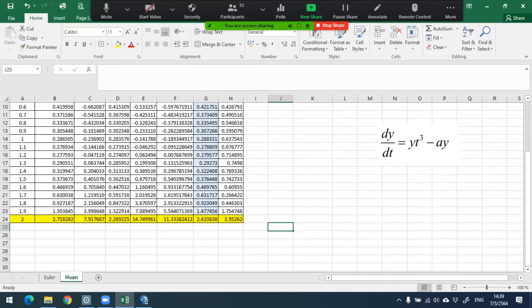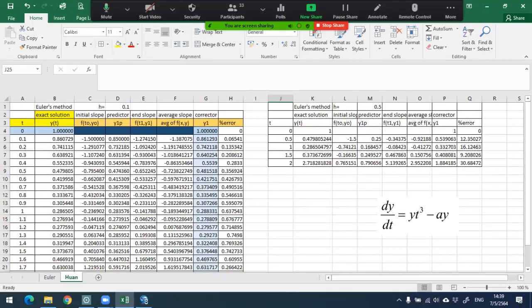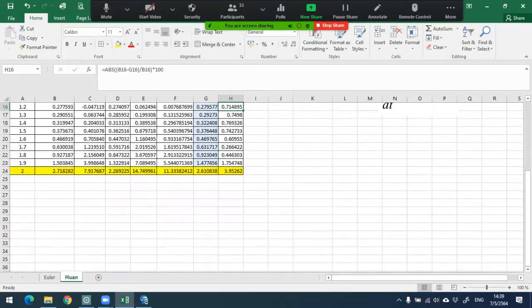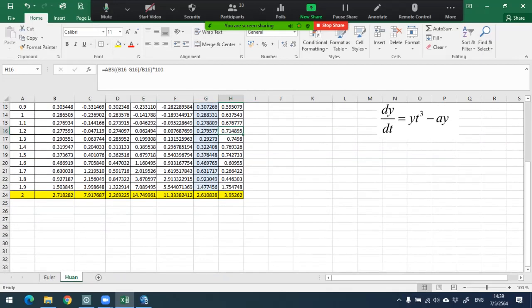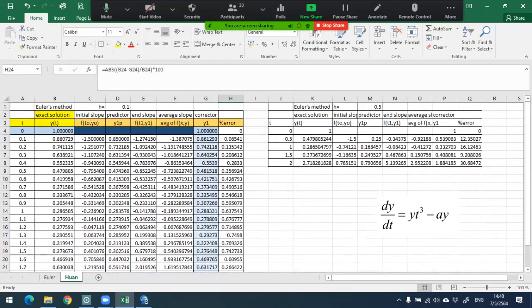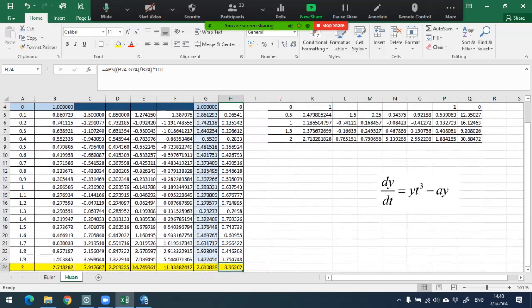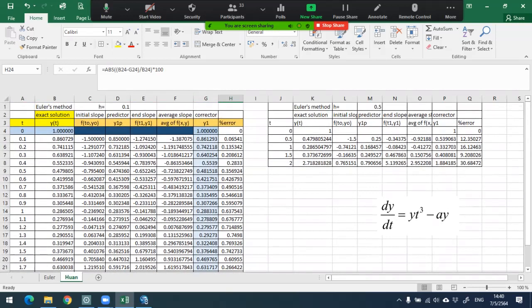Okay, you see that the error increases as the time increases. So actually the Heun method is still not good enough, because it produces an error that increases when the time step is increased. We do not want that. We do not need a solution like this. The error should be in the same order.